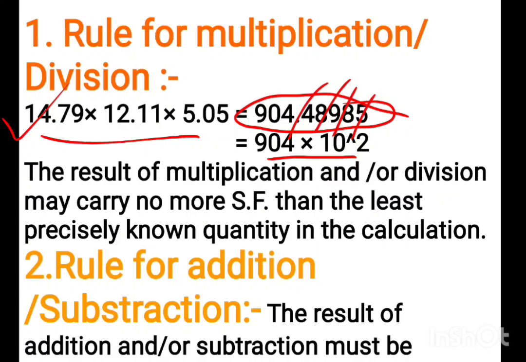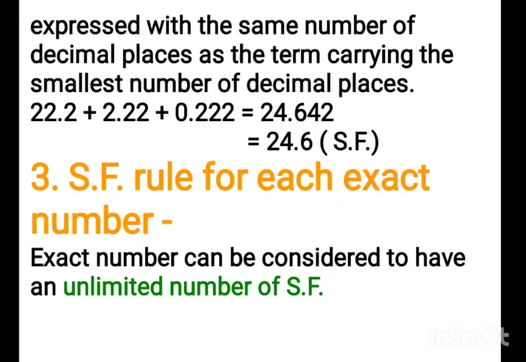Okay, next one, rule for addition and subtraction: the result of addition or subtraction must be expressed with the same number of decimal places as the term carrying the smallest number of decimal places. Suppose many numbers can be added up, but we have to consider the decimal places and obey the smallest one.